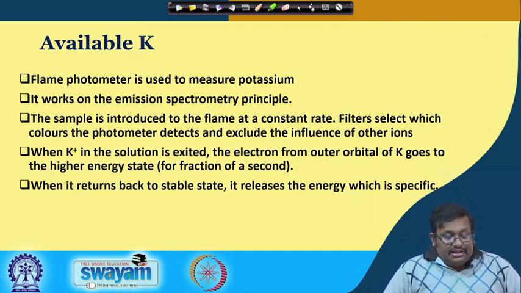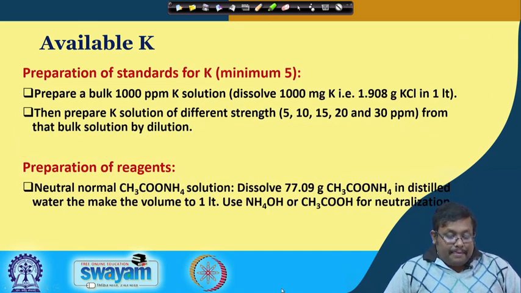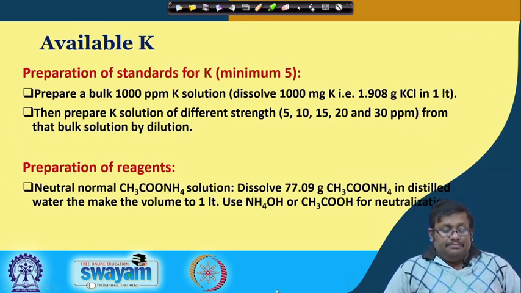And when potassium in the solution is excited, the electrons from the outer orbital of potassium go to higher energy states for a fraction of a second, and when it returns back to a stable state, it releases energy which is specific. So, this is the principle.